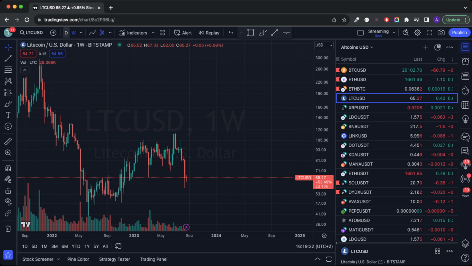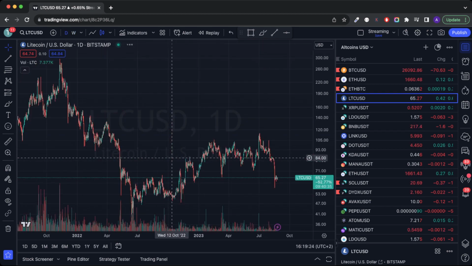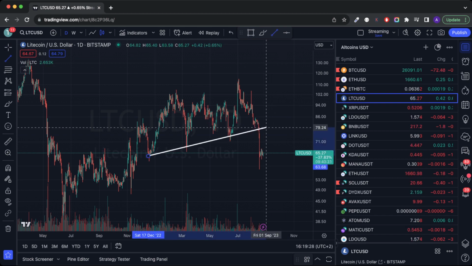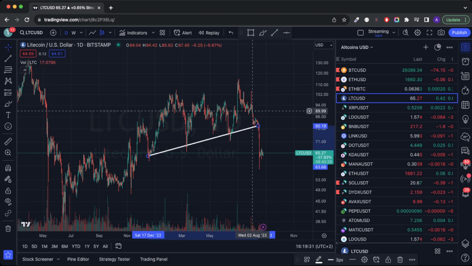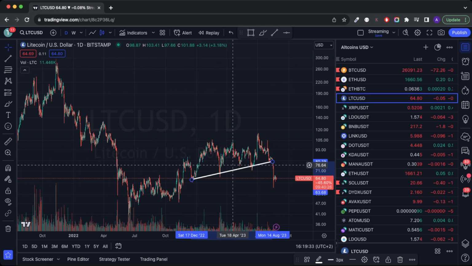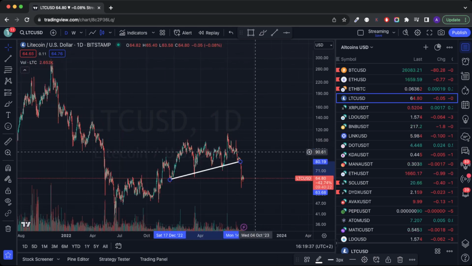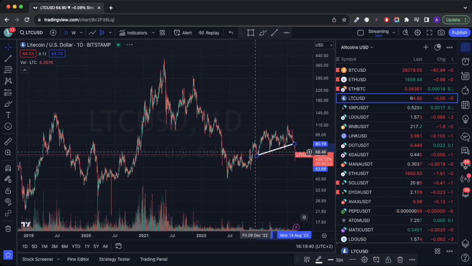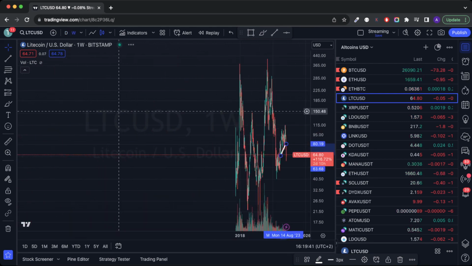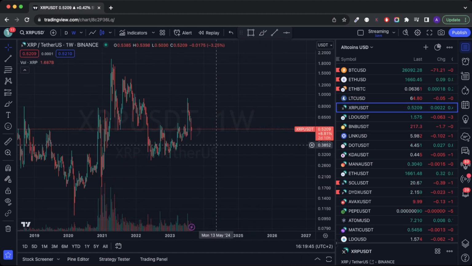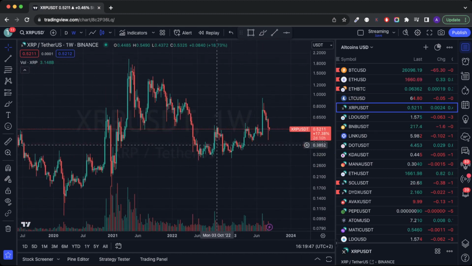Let me open this on the daily. We definitely have a break, and breaks like this usually tend to continue. So as I said, basically every alt I'm looking at, the charts are horrific.